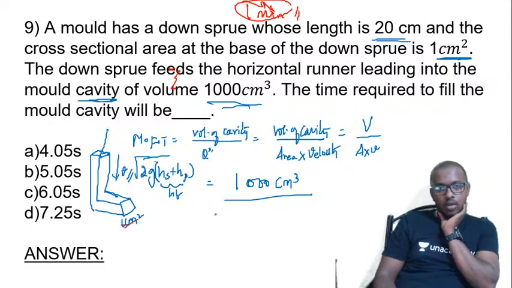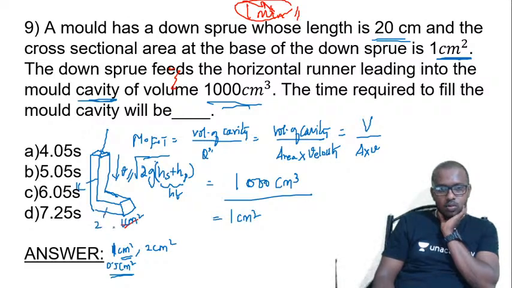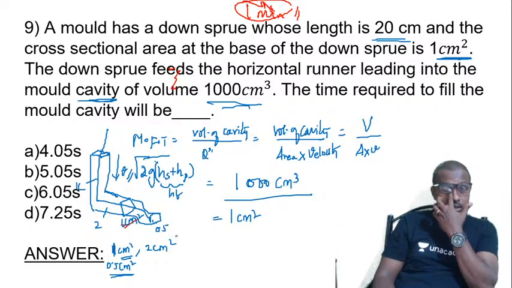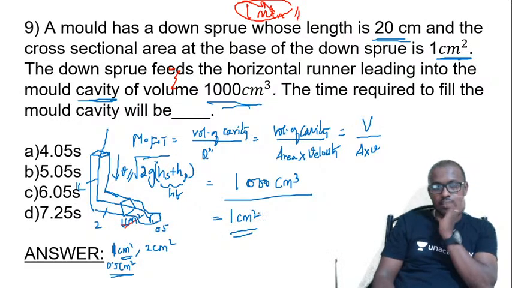Between 2-3 cross section areas, say 1 centimeter square, 2 centimeter square, and 0.5 centimeter square, for example, this is 1, this is 2, and here there is an in-gate, so it gives you 0.5. The least of the cross section areas has to be chosen. So here only one value is given, and that was considered to be the least.